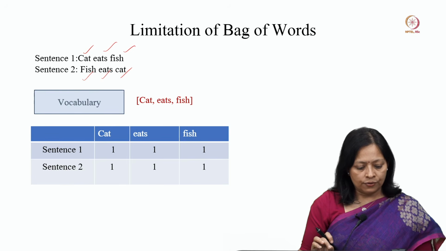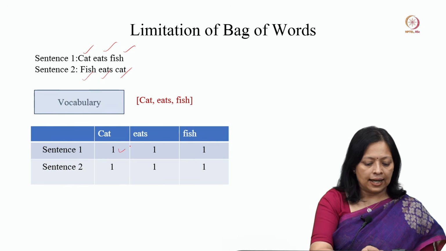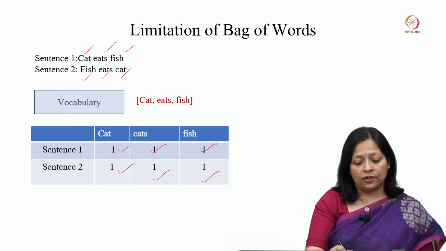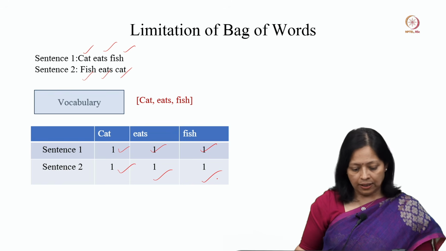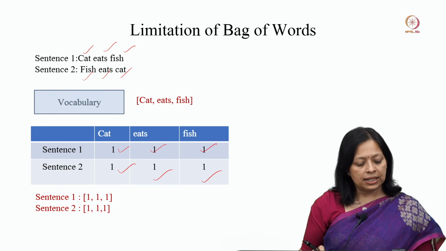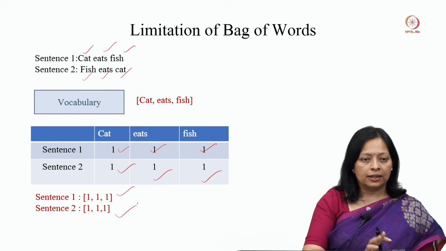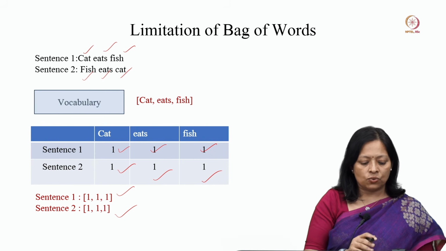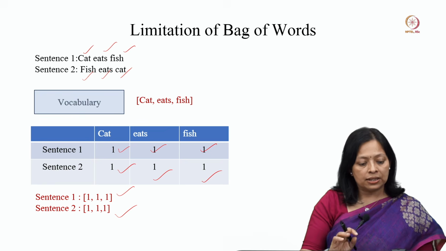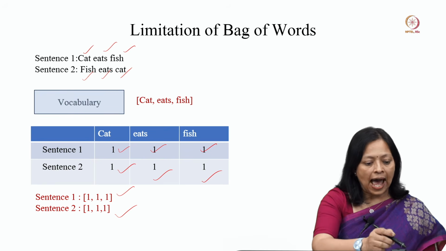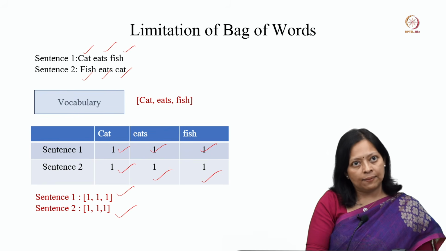Now, if you see here, sentence 1, cat eats fish, is 111. Sentence 2 also, cat eats fish, 111. Now, both sentence 1 and sentence 2 have, according to bag of words, the vector representation 111, 111. But do sentence 1 and sentence 2 have the same meaning?